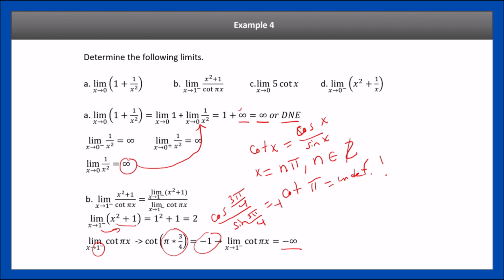And if you think about it, that makes sense, because the cotangent generally behaves like this. The cotangent graph essentially looks like this.